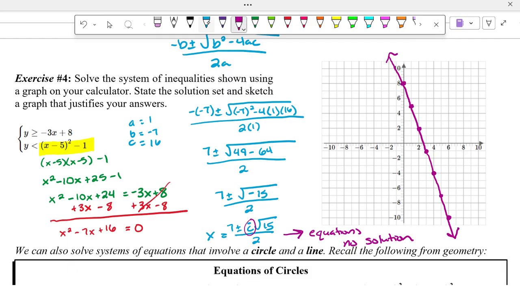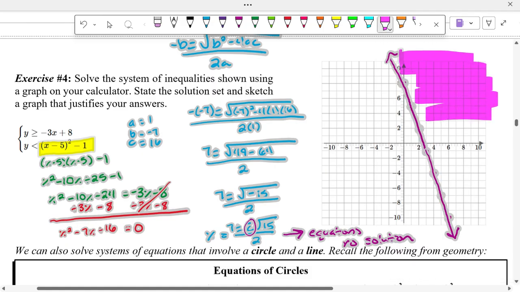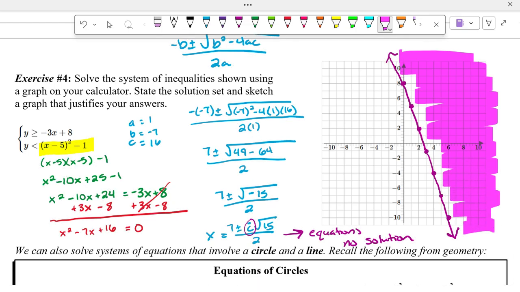To the right. Guys, please stop talking. So I'm going to shade over here to the right, because it's greater than. That means values above the line. And technically, even though it's really hard to tell, I like to use my arm. So if it's descending, it would be up here.